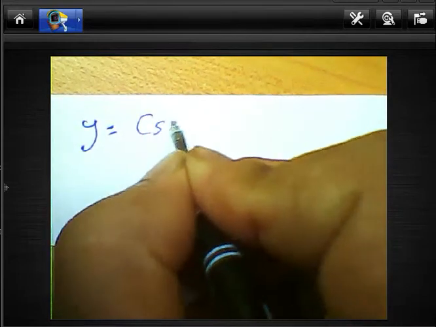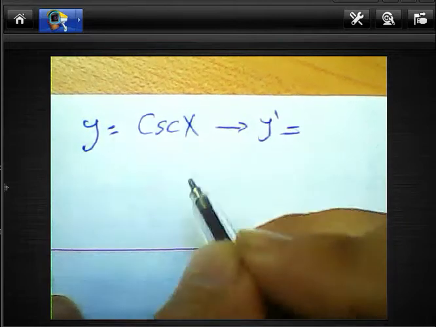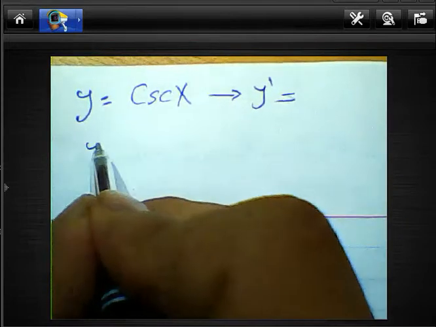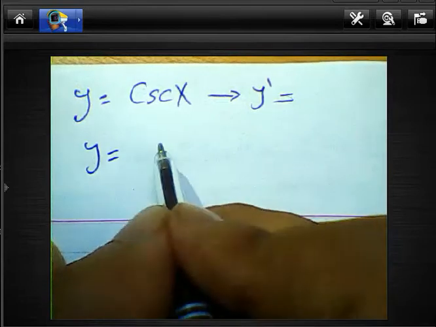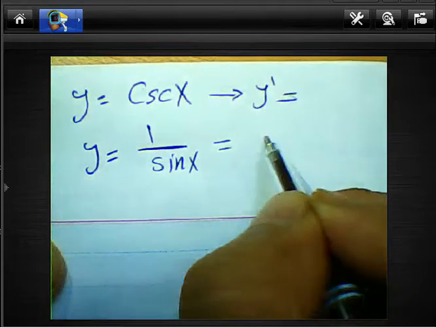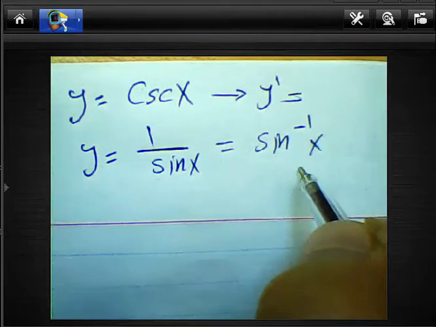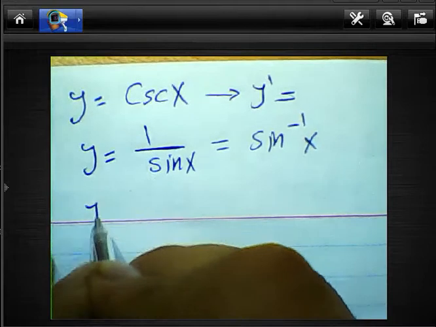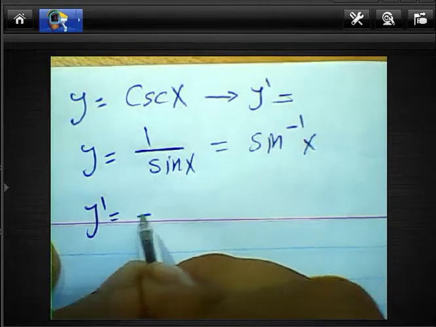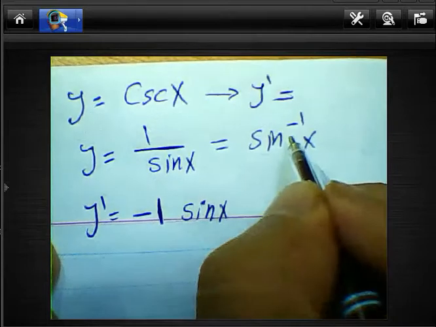And what about the function if y equals cosec x? We want to find the derivative of the function. We know cosec x is about sine. You can write 1 over sine x. It will be sine power negative 1 of x, and for the derivative we drop the power, negative 1, sine x, and subtract 1 from negative 1.